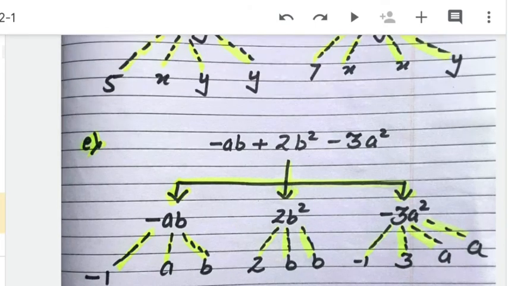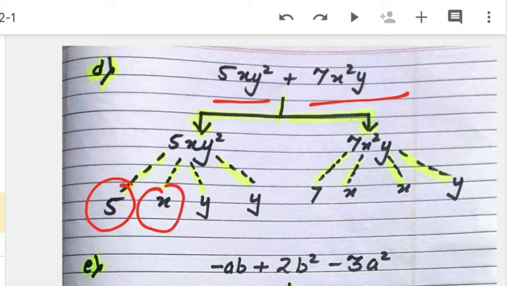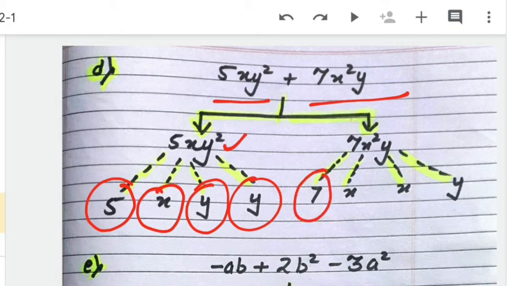Now the next one is 5xy square, and the second term is 7x square y. Here we have factors 5, x and 2 y's, because we have square on y. And in the second term we have 7, 2 x's and y.